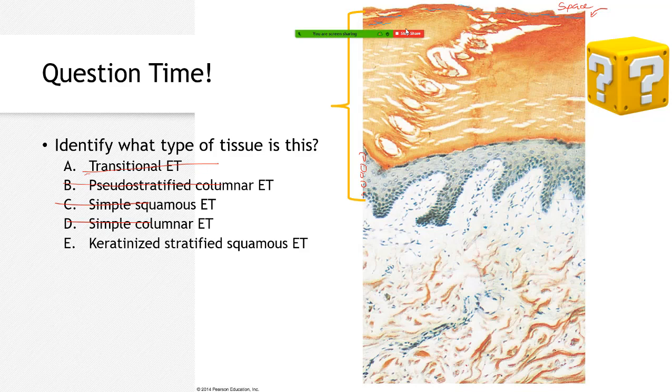Do you see any nuclei up there on the top? It's pretty dead. You see nuclei, but they're all the way down here and lower. So the top layers are dead, with no nuclei, so it's going to be keratinized. The dead ones are the keratinized ones.